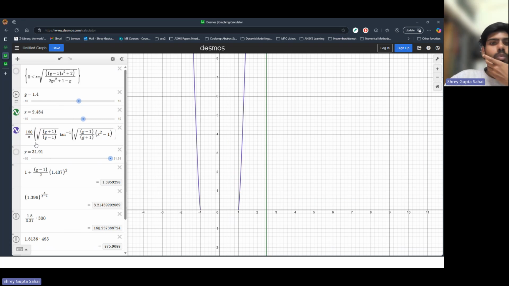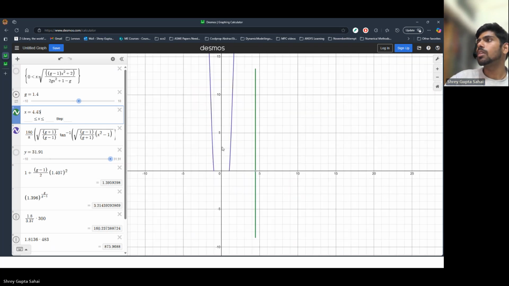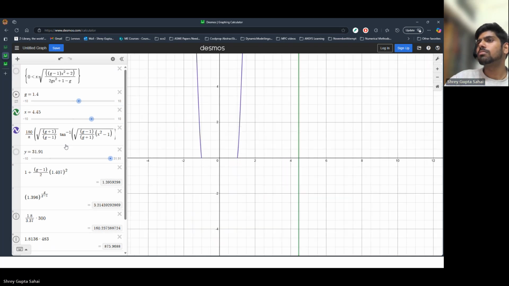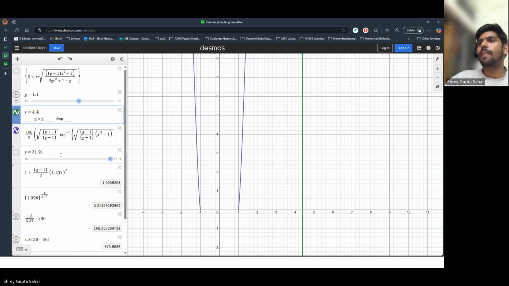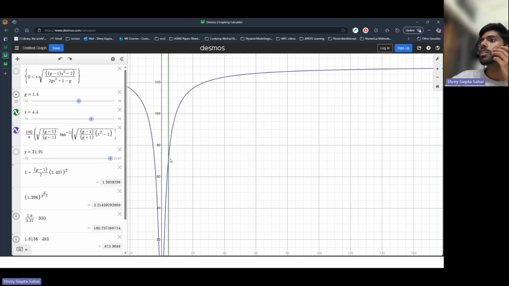So we have a Mach number of 4.45. What is the mu value for it? Something is wrong, right? It's okay, it's not wrong. The thing is fine.